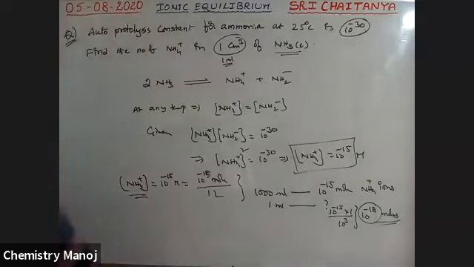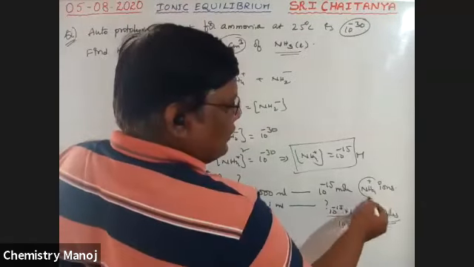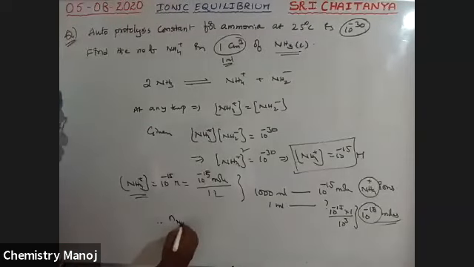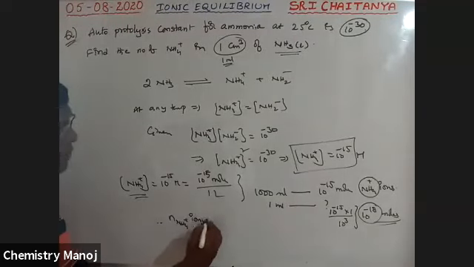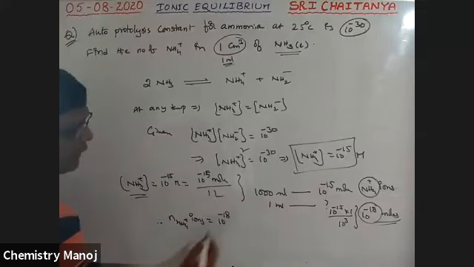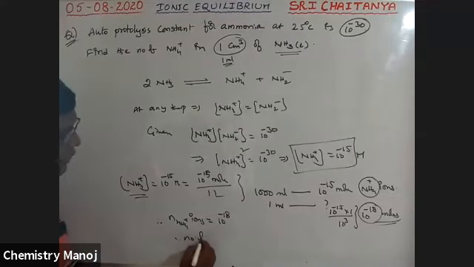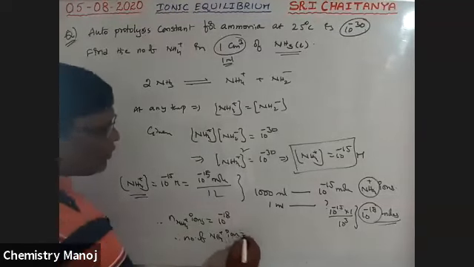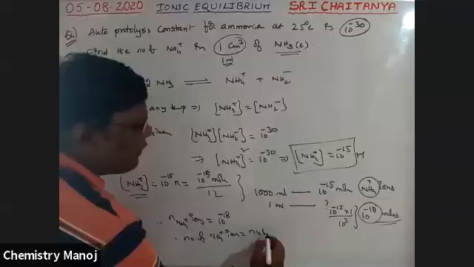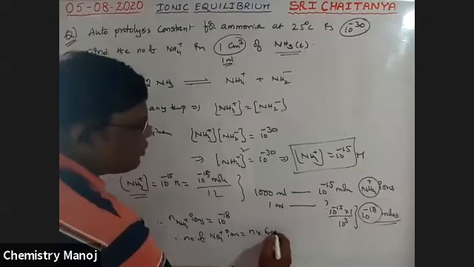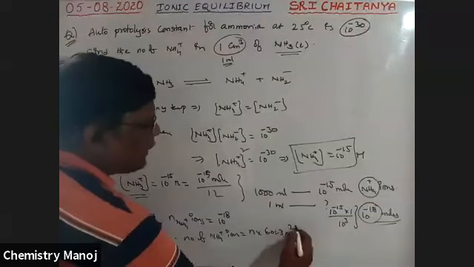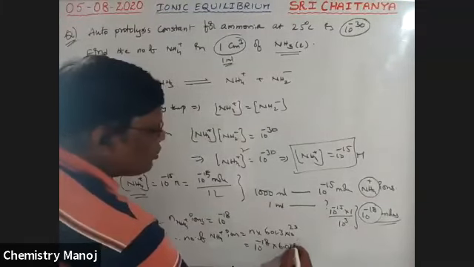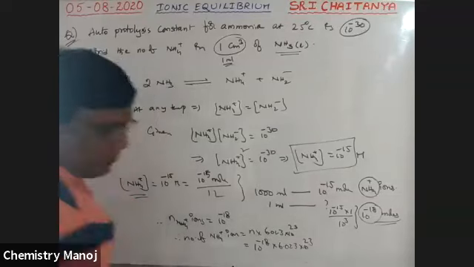So therefore, number of moles of ammonium ions is equal to 10 power minus 18. Therefore, number of NH4+ ions is equal to number of moles into Avogadro number, that is 6.023 into 10 power 23, which is equal to 10 power minus 18 into 6.023 into 10 power 23.